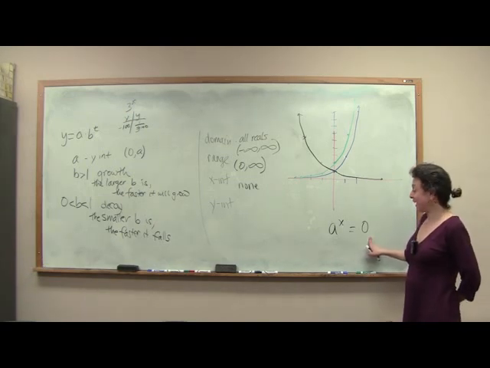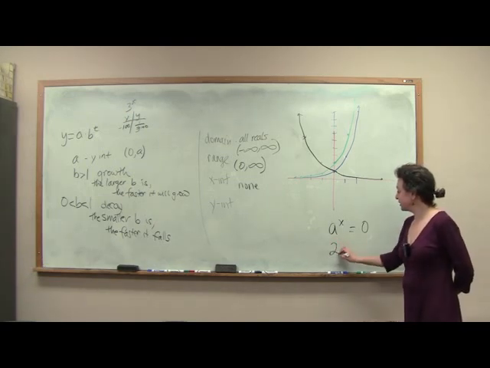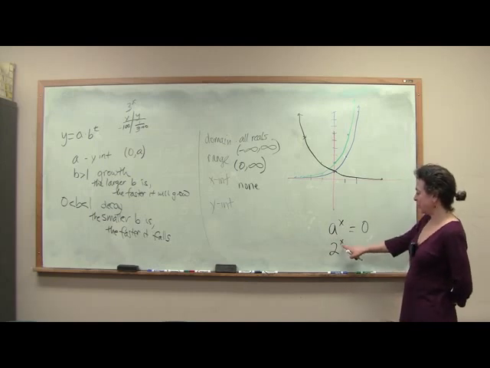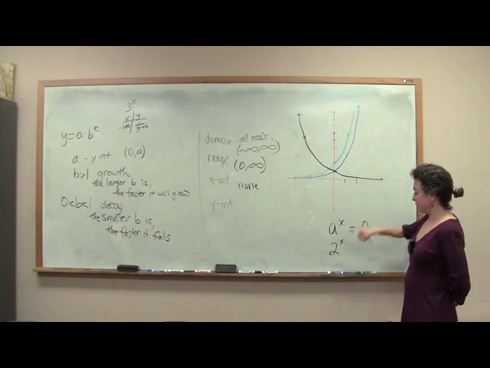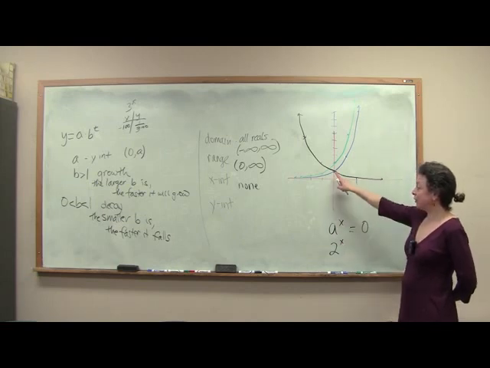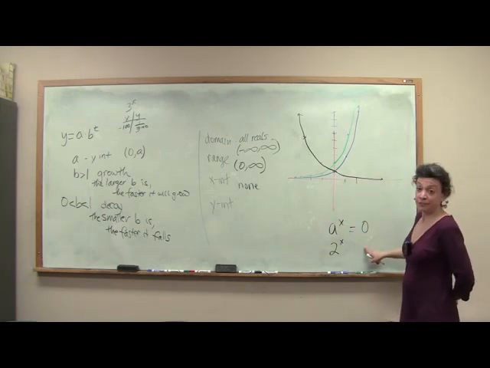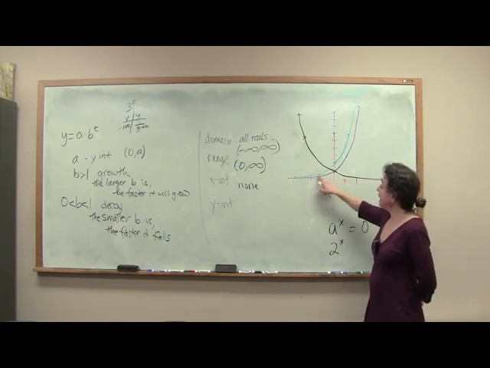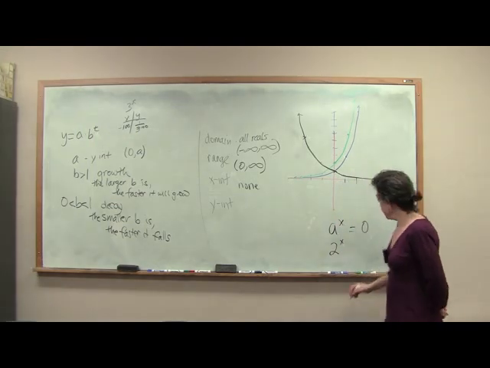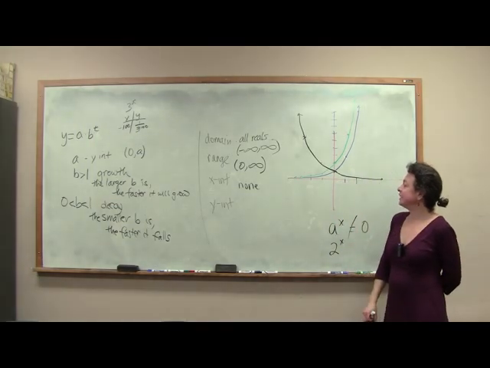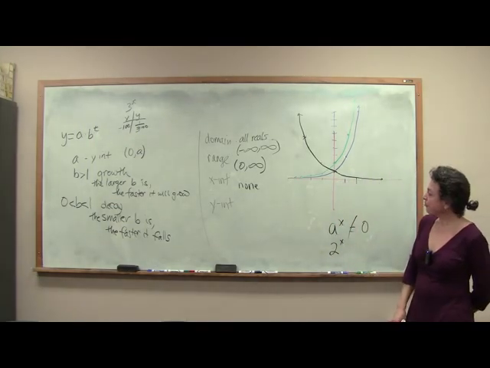I claim there's no values of x. So for example, if we look at 2 to the x power, if you plug in a positive number, you're going to get a positive number. If you plug in 0, you're going to get 1. And if you plug in a negative number, yeah, it's going to get really, really, really close to 0, but it never is actually equal to 0.